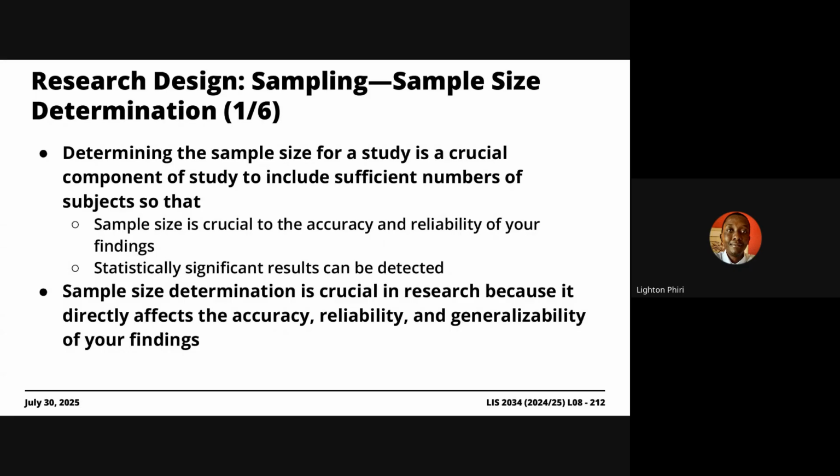We're able to do that because, in as much as we worked with 5,000 households, we're able to confidently generalize our findings to the entire population of Zambia. It's like 18 plus million people, based on this 5,000 data points.